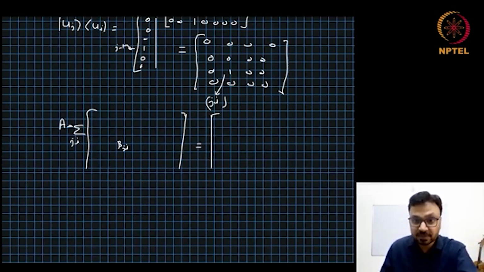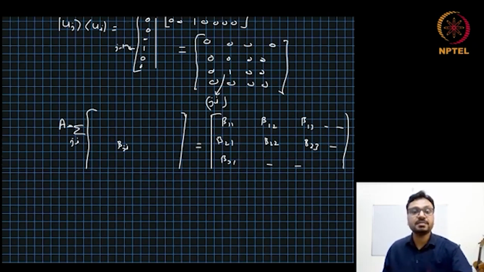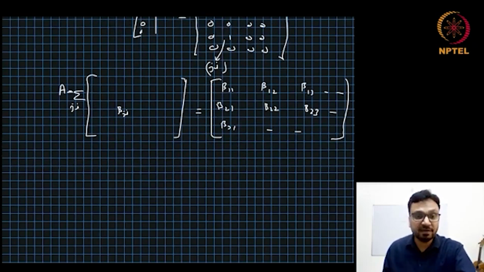So it will become beta 11, beta 12, beta 13, and so on, beta 21, beta 22, beta 23, and so on. So this is the matrix representation we were aspiring for.